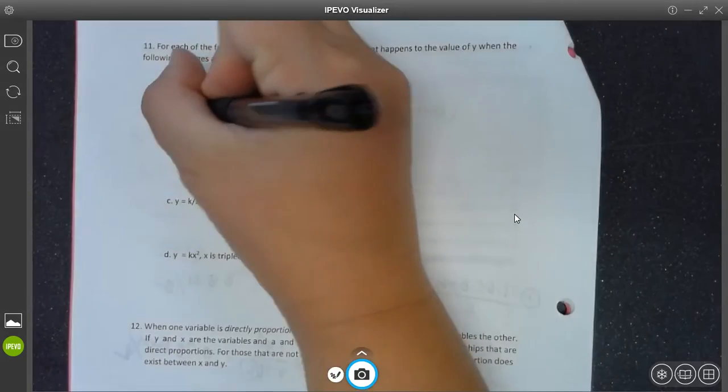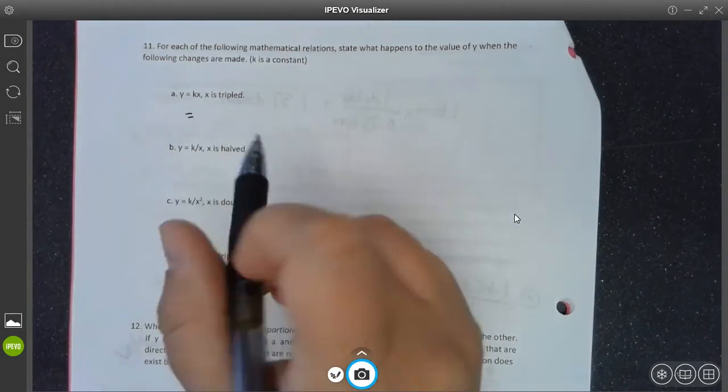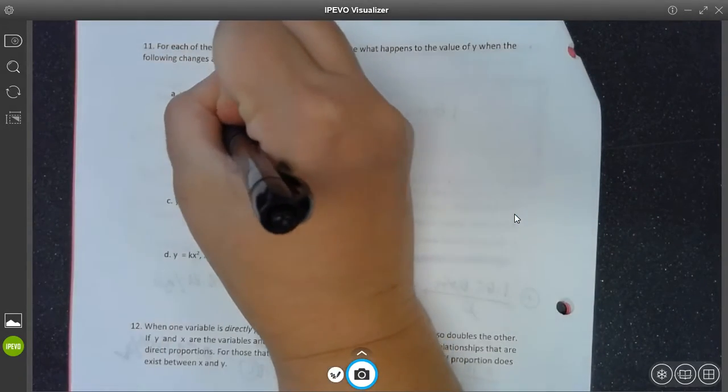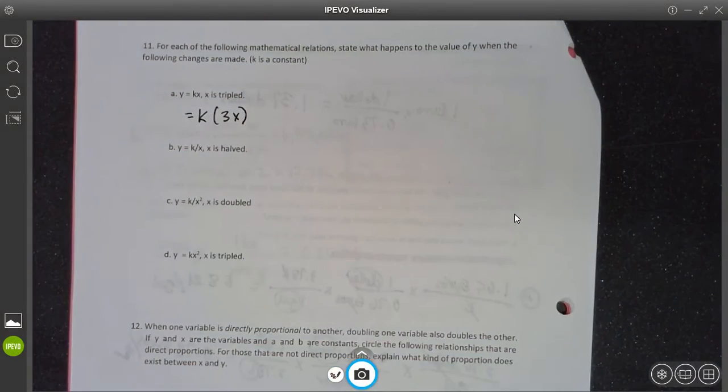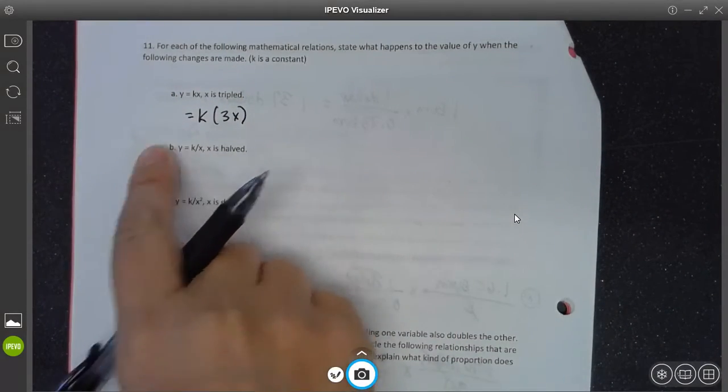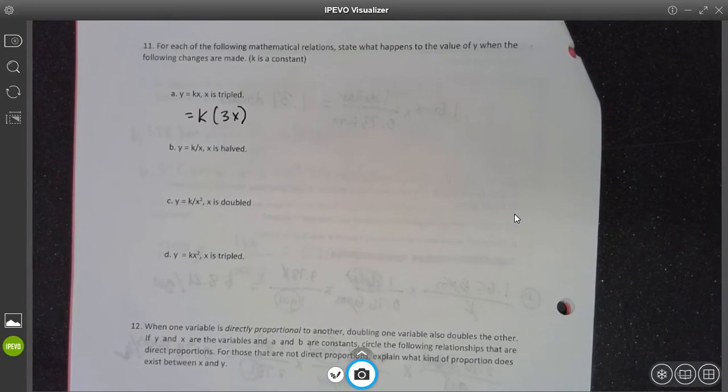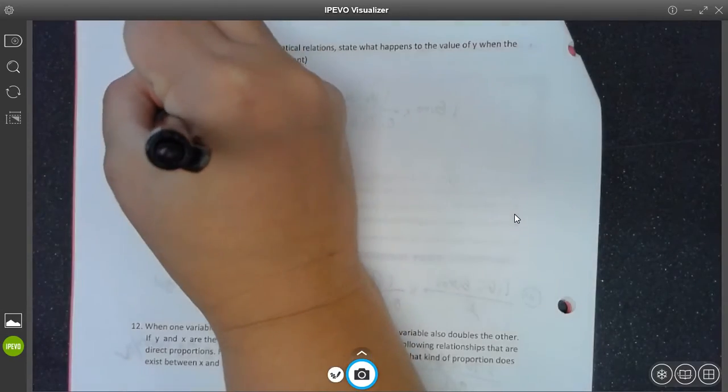So if we change this so that x is tripled, this would be k times 3x, right? What would we have to do to the value of the other side? I think I heard it out there. We have to multiply it by 3, so we'd have to have 3 times y.